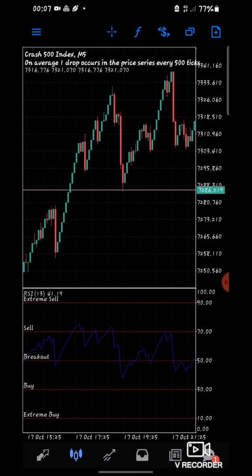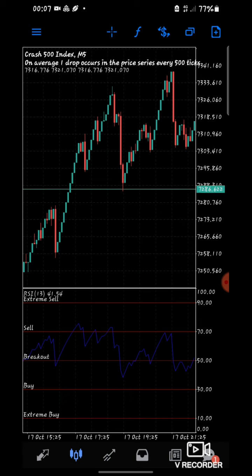So whenever it touches the line 70 in the crash market, that is a sign for you to sell. And whenever it touches 90, that is an extreme sell.